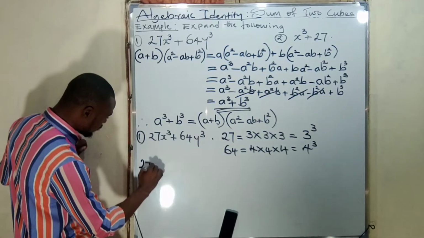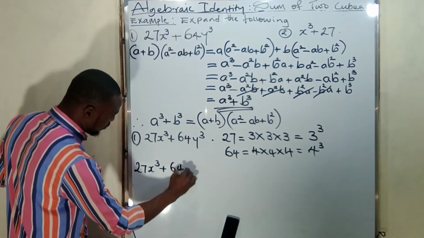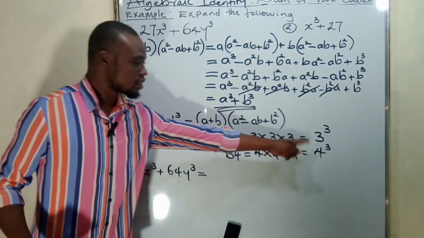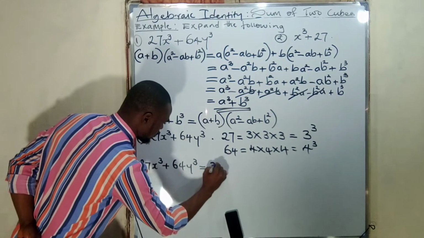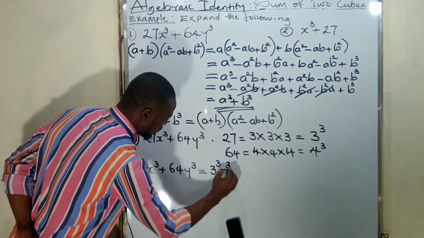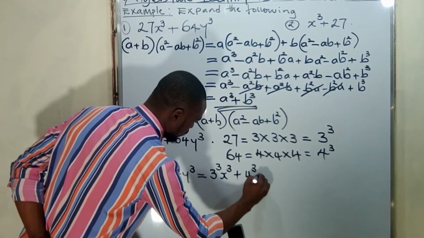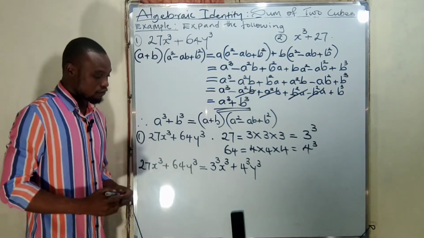It's 27 x to the power of 3 plus 64 y to the power of 3, which gives us the terms that we've written down there. 3 raised to the power of 3 and x raised to the power of 3, also plus 4 raised to the power of 3 and y raised to the power of 3. Okay, so that's the first thing.